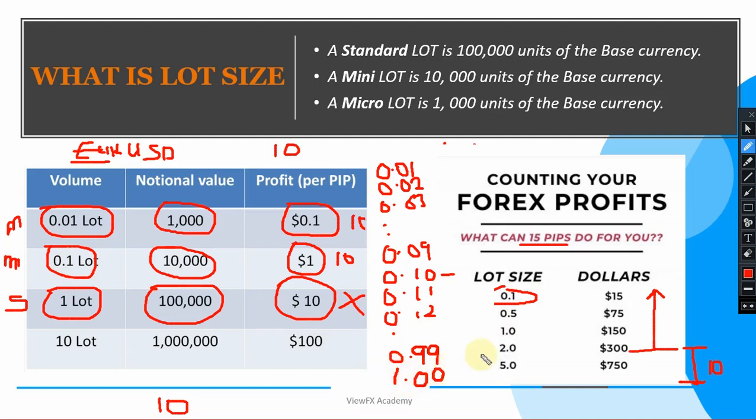And trust me, you can't exhaust this, because you're going to have 2 standard lots, 3, 4, 10 standard lots, 50, 100 standard lots. That is huge. So I hope I've been able to break down this lot size based on the packs as explained. Let's move ahead.